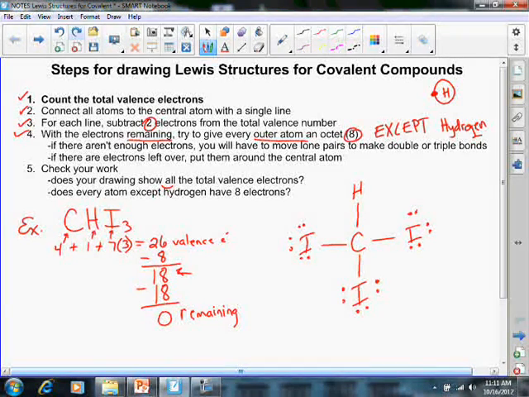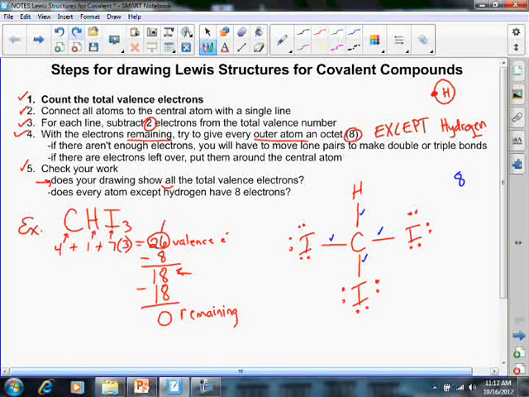So that's good, because now I want to check my work, and I want to see, does my drawing show all the total valence electrons? In other words, does it show all 26 electrons? So let's count them. We've got 2 in this bond, plus 2 there, that's 4, plus 2 there, that's 6, plus 2 there, that's 8.